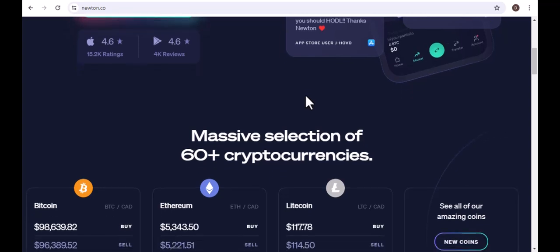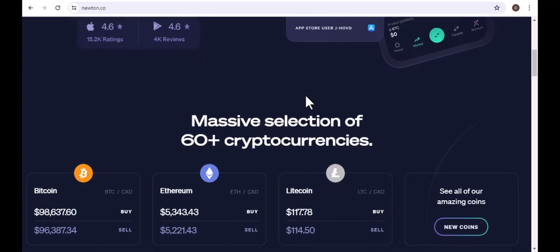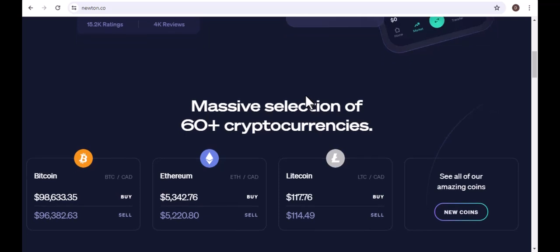Benefits of verified identity. So, what are the benefits of adding your ID to your Newton wallet? Increased security. Verified identity adds an extra layer of security to your account, protecting you from fraud and unauthorized access. Higher transaction limits. Verified users typically have higher transaction limits, allowing them to buy and sell larger amounts of cryptocurrency.